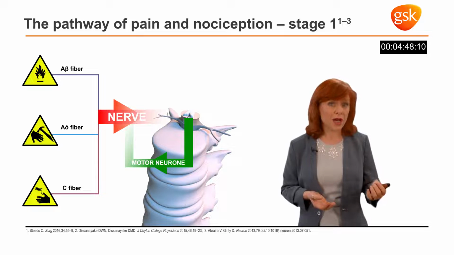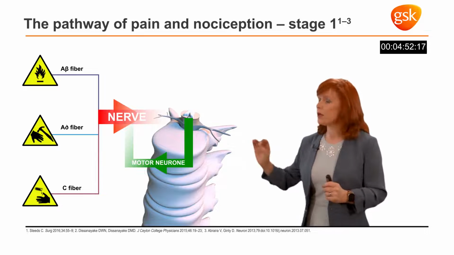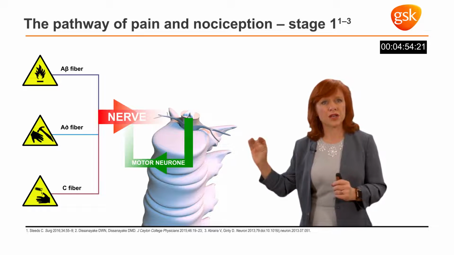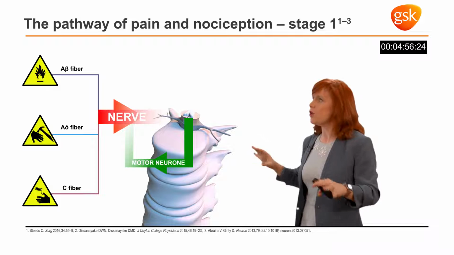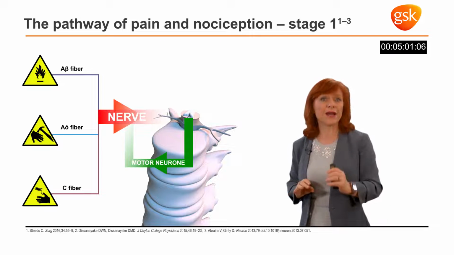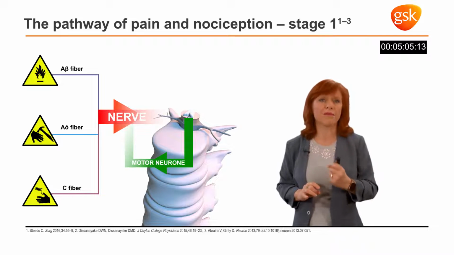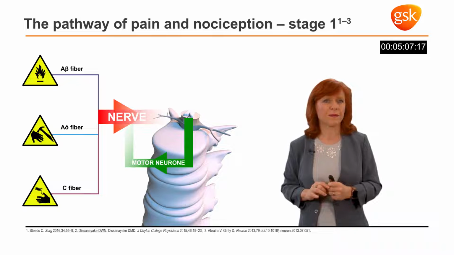Now there are two types of afferent nerve fibers, A delta and C fibers, with terminal branches that permeate those end organs. We have the thinly myelinated, fast A delta fibers, and of course the slow, unmyelinated C fibers.